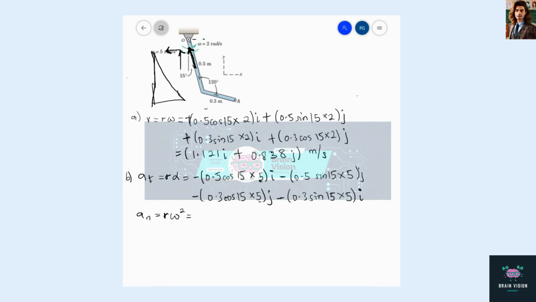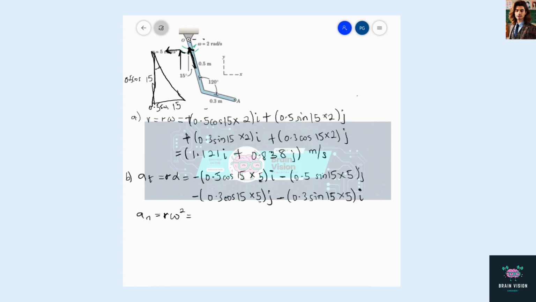So 0.5 sine 15. So we have the radius. Let's take the horizontal first.